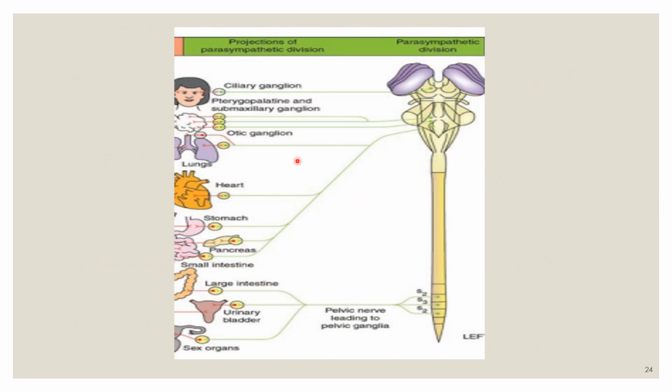So, this is the distribution. See here. This is the ciliary ganglion. Then this is the pterygopalatine ganglion. This is the otic ganglion.